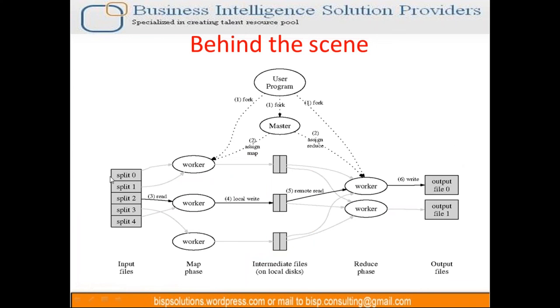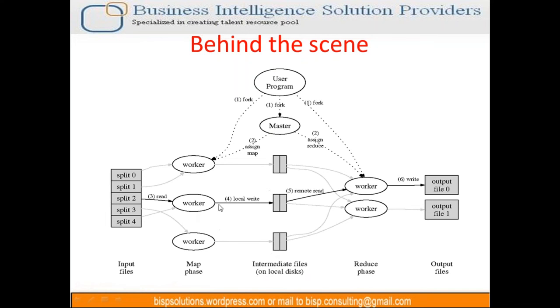So each of the input splits, if you have many workers. In the mapping phase, the worker is going to read the input split and generate the key value pairs, right? So local write means the intermediate file will be written on the local disk. This is very important. This question is asked in interviews.